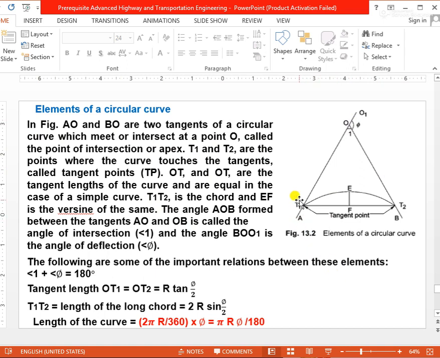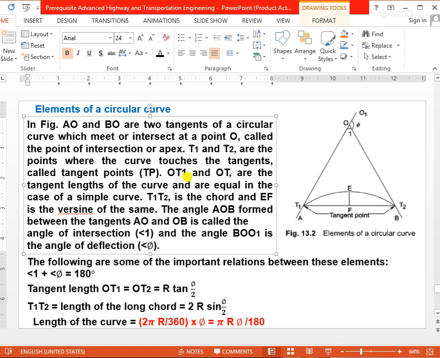T1 and T2 are the points where the curve touches the tangents, called tangent points. OT1 and OT2 are the tangent lengths of the curve and are equal in the case of a simple curve.